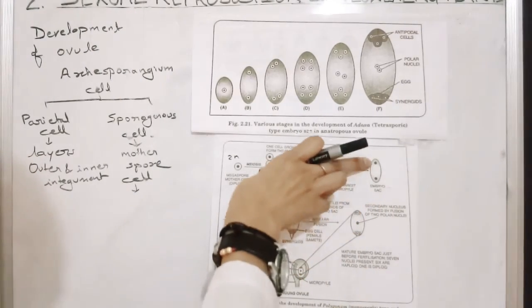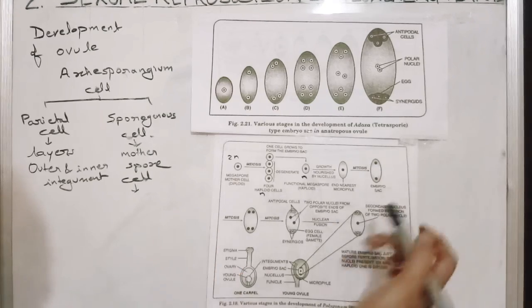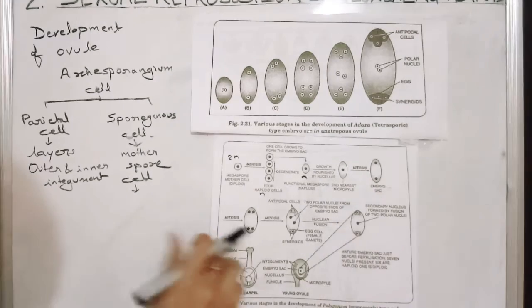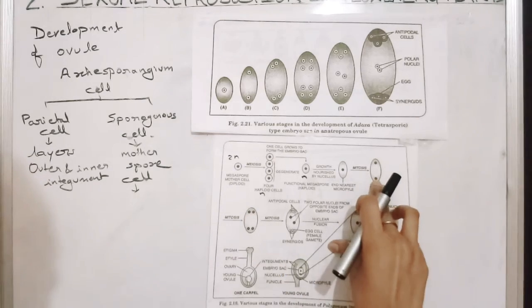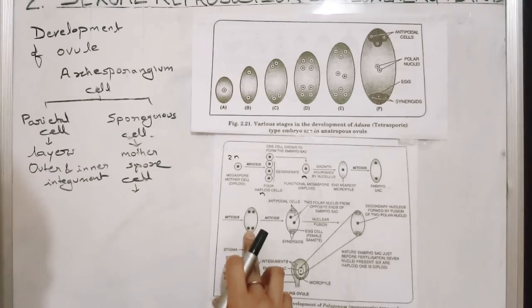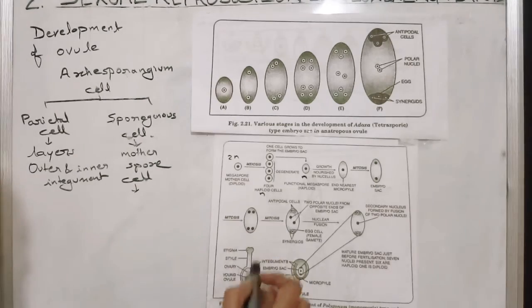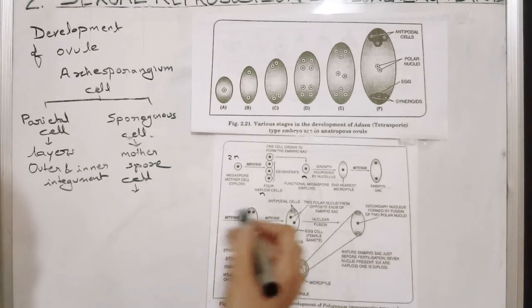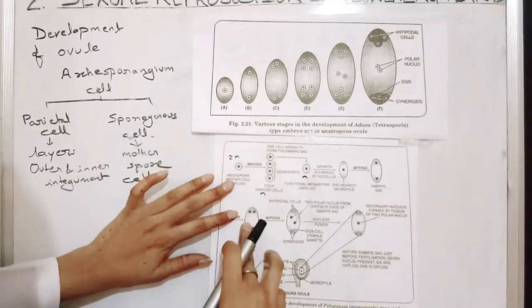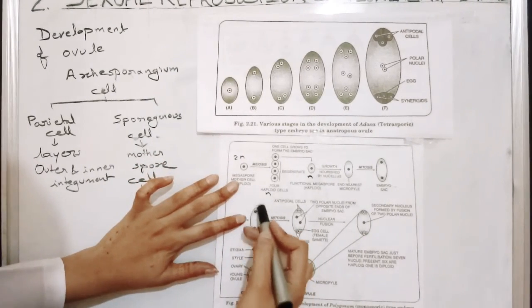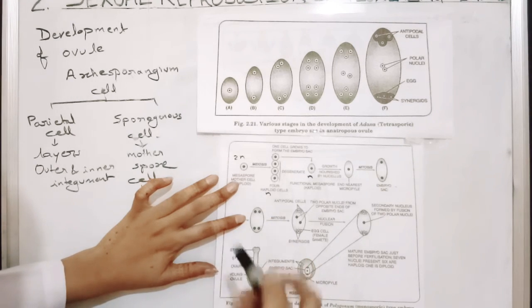After that these two nuclei again undergo division, and each nucleus divides into 2. This is the 4 nuclei stage. After that these nuclei again undergo division.